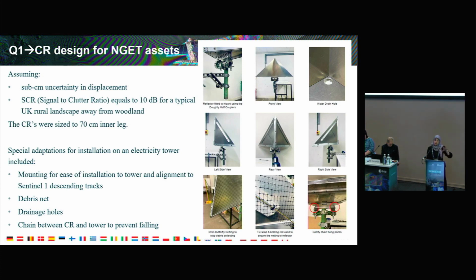Also, we installed nets over the corner reflectors to prevent them getting filled with debris. We also designed drainage holes to prevent them getting filled with water, and a small chain between the corner reflector and tower to prevent falling.